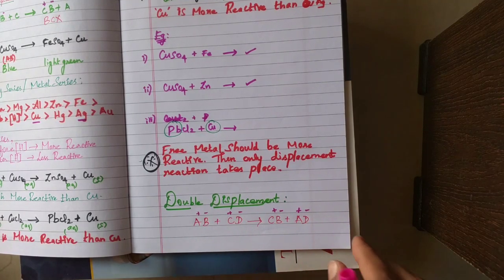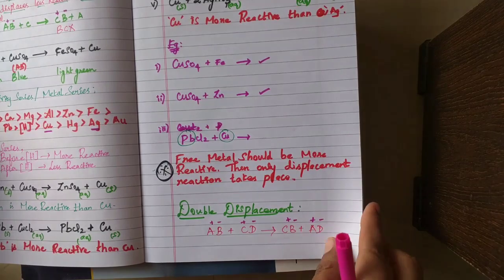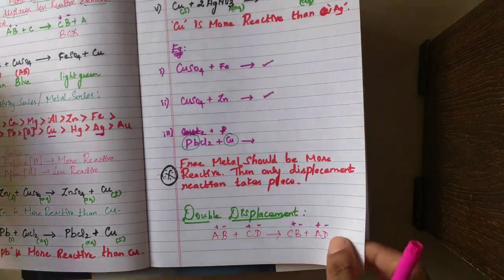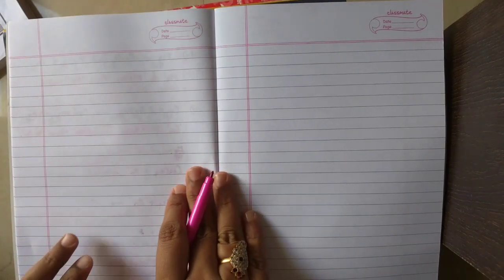Clear, students? This is the general representation of double displacement reaction. Sometimes this representation also they may ask. Okay, what is the definition for this reaction?